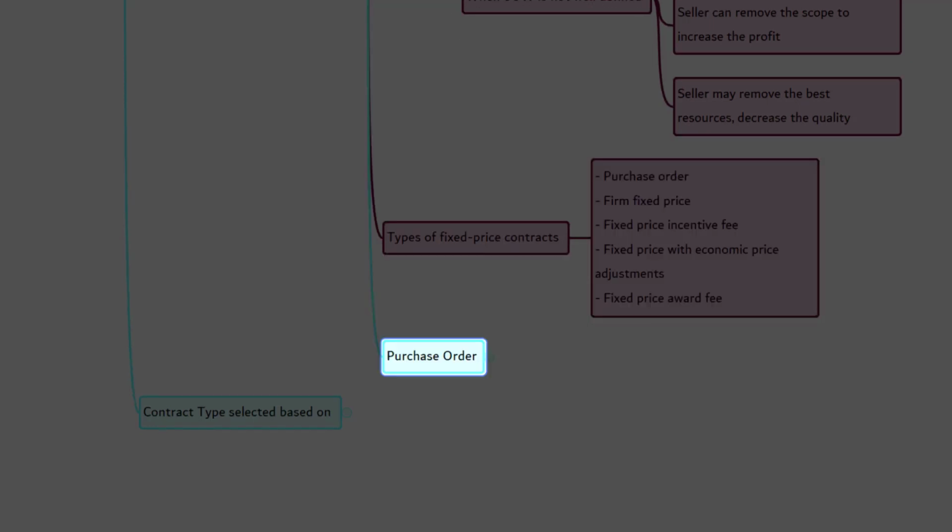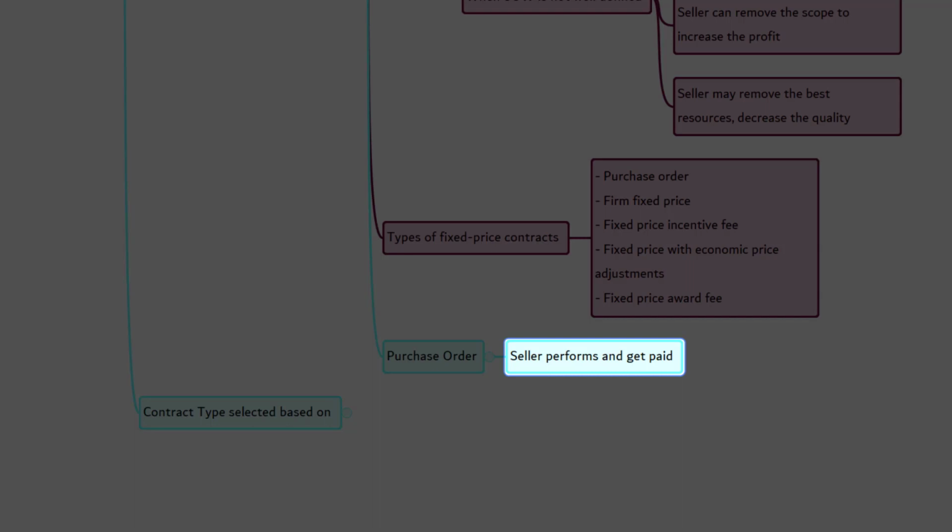Purchase order. A purchase order is the simplest type of fixed price contract. This type of contract is normally unilateral, meaning signed by one party instead of bilateral, which is signed by both parties. Purchase order becomes a contract when the buyer accepts the terms. The seller then performs or delivers according to the terms, for example, equipment or products.